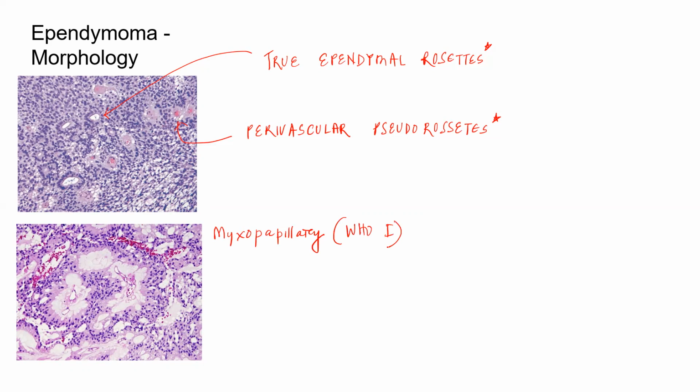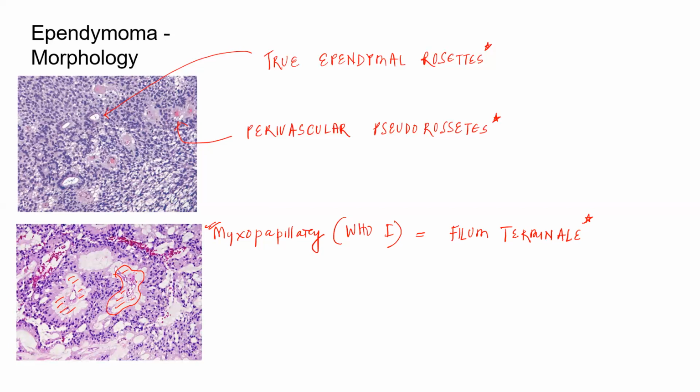This will have papillary architecture around a mucin-rich core, so it has abundant mucin. That is the myxopapillary variant, and it is found in the filum terminale. It has a good prognosis. It is a WHO grade 1 tumor.